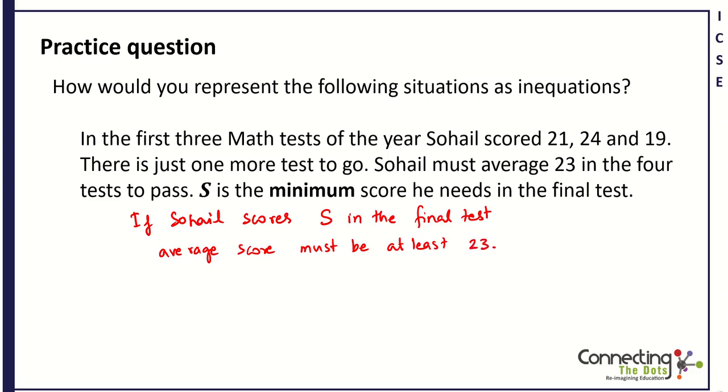It means that the average is 21, the first score, 24, the second, 19 is the third, and he got S in the fourth, and the average of these must be greater than or equal to 23. This is our inequation. So we can say that 45 plus 19 plus S is greater than or equal to 92.